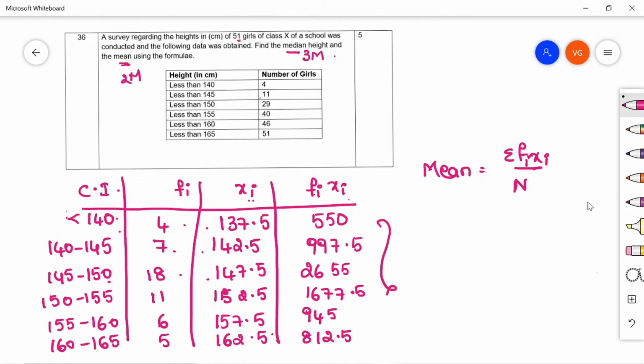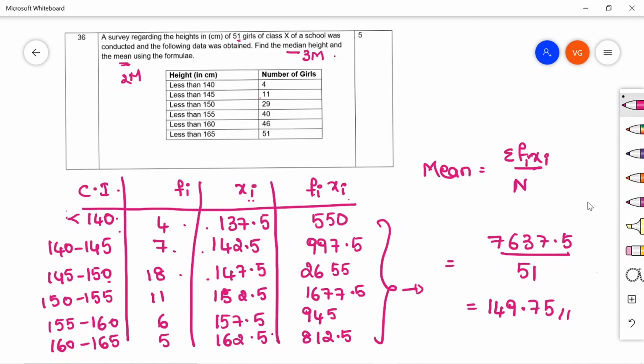If you add up all these, you will get 7637.5 divided by n, which is given as 51. So this is 149.75. If you feel the calculation is difficult, try to go with the step deviation method also. Any method you can follow.